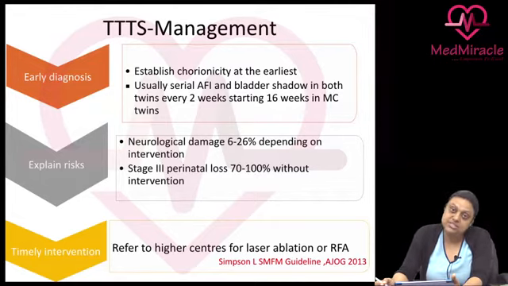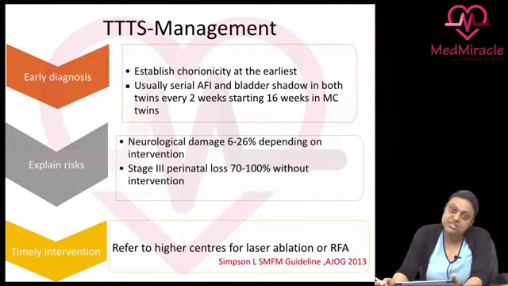It is the work of an experienced obstetrician who can deal with laser ablation of the anastomotic vessels at the level of the deep arteriovenous levels. If there is laser coagulation of vessels, then the prognosis becomes much better in cases of twin transfusion syndrome. So this is all you need to know about twin transfusion syndrome.